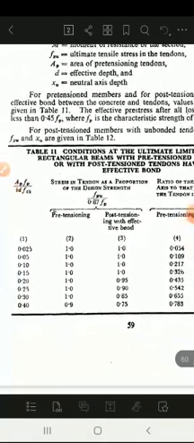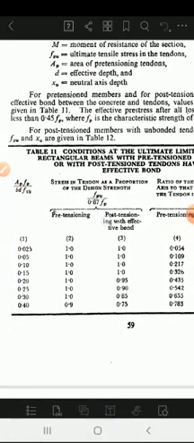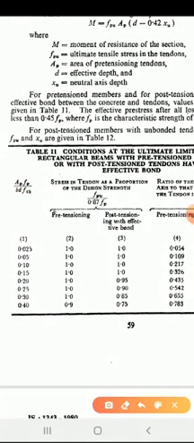At that time, for the pre-tension member, the answer for FPU is 0.87 FP. FP is already known, so you can calculate the FPU value from this.